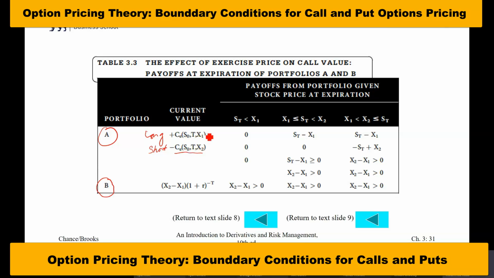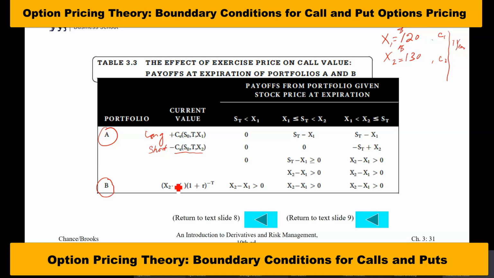The only thing is one will give you the right to buy the share, for example, for $120, and the other is giving you the right to buy the share for, let's make it, $130. So this is your C1 and this is your C2. And let's suppose both the options are expiring in 1 year's time.